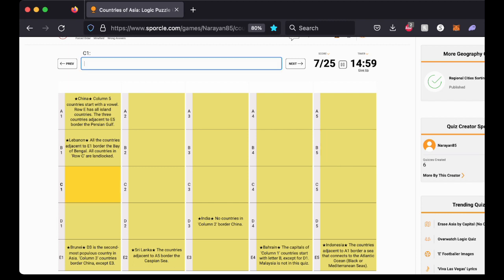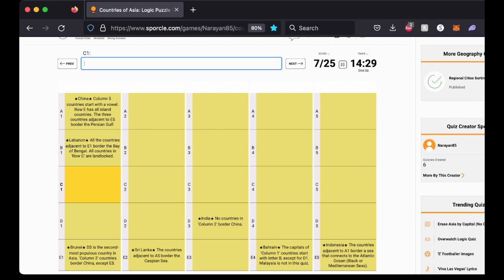Okay, well, let's look at C1. So a landlocked country whose capital starts with B. So that wouldn't be Afghanistan, that wouldn't be Mongolia. That wouldn't be Armenia, whose capital is Yerevan.